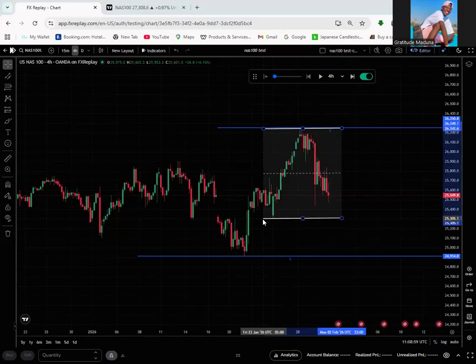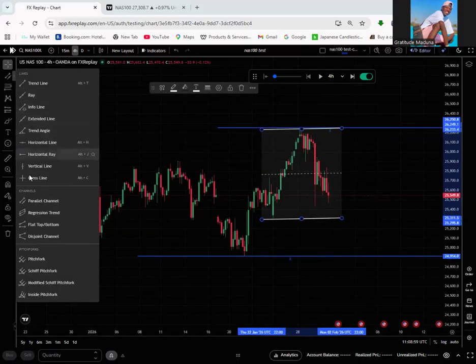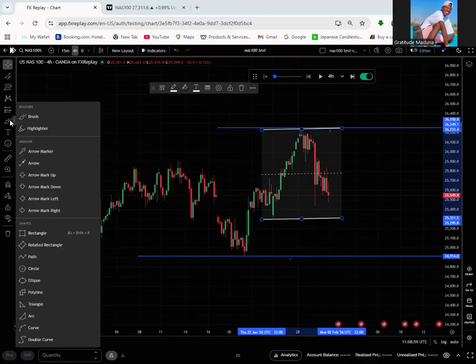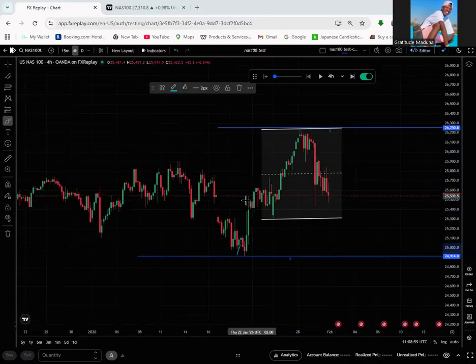Why do I say it's a range? A range is formed based off a price action structure or swing structure. Let me just break it down to you simply. How do you determine a range?